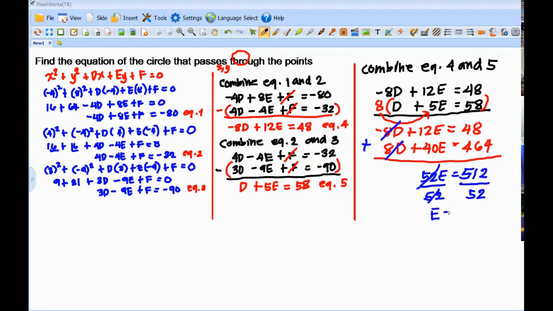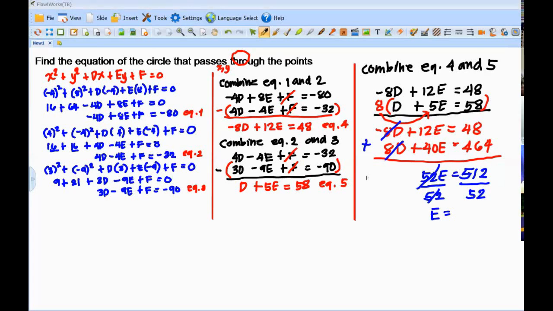So what is 512 divided by 52? What will you get? Get your calculator. 128 over 13. It's not a whole number. Let us see. 512 divided by 52. Yeah, it's not.